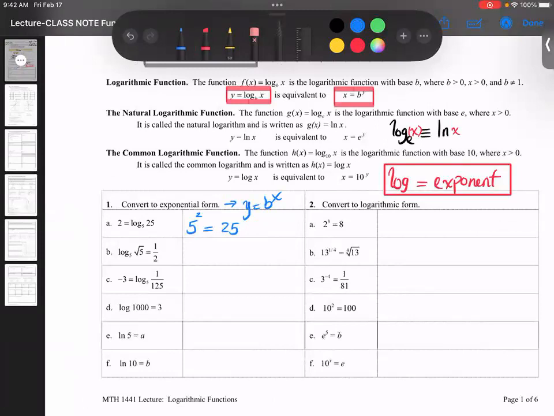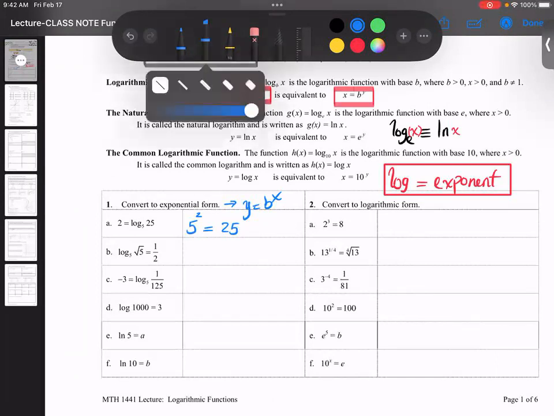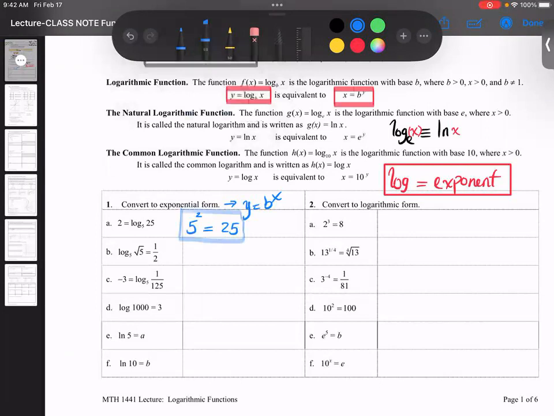Another way you can do this: I wrote too big, so I'm going to move my answer to the right a little bit. Like that. Another way is this. I don't want my log to be on the right side, just like you don't like your x or your y on the right side.